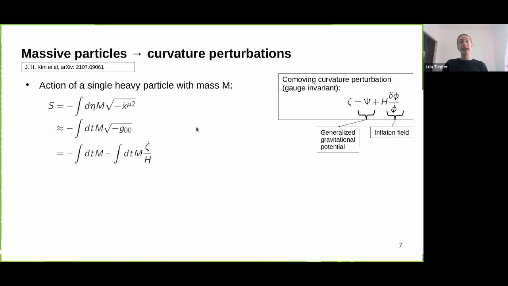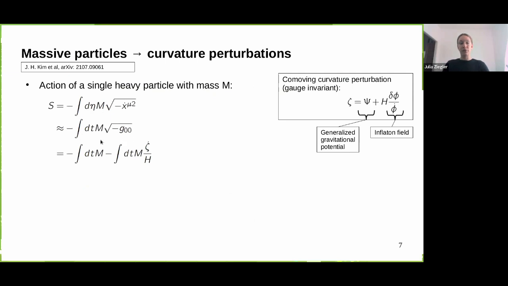And for that, we look into the action of a single particle with mass m, which can be written as you can see here. And we assume that the particles become non-relativistic right after production and can then approximate the action as you can see here.